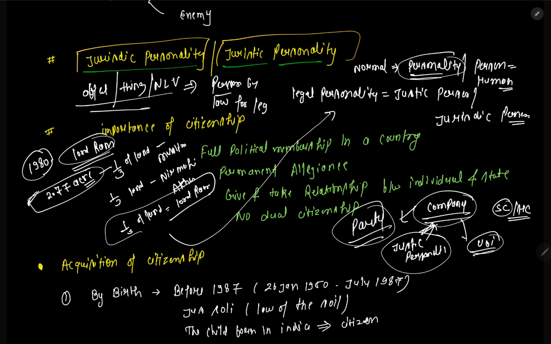For legal purposes. Whether or not I am considering it a person, the law is considering it a person for legal purposes. So that is termed the juristic personality. I hope you got clarity. कि कोई भी कंपनी है, कुछ भी है, doesn't matter. If it is non-living, if it is an object, it will be considered a person by law for legal purposes, and hence Lord Ram becomes a juristic personality, or a company becomes a juristic personality. So this is the definition of a juristic personality.